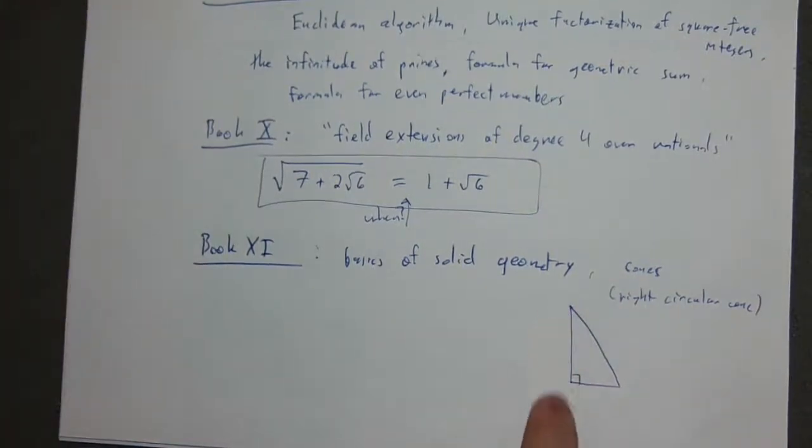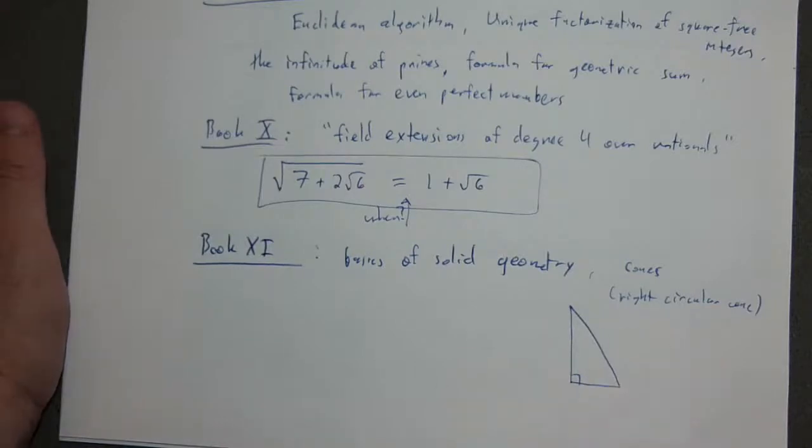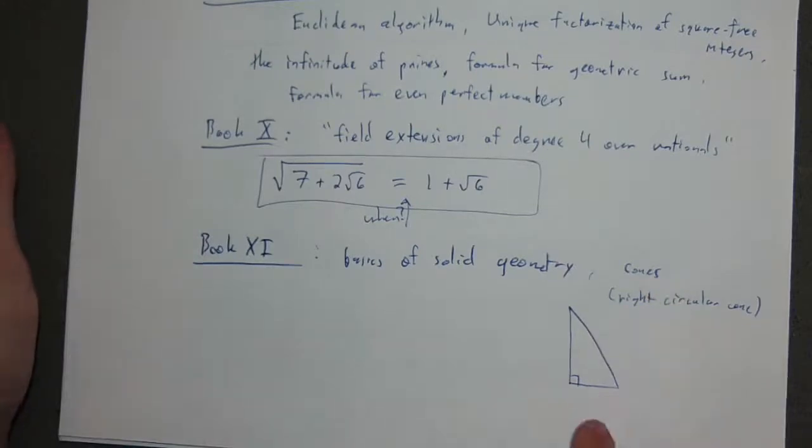So treat, say, this longer leg as its axis of revolution, and think about generating a solid by revolving this about that axis of revolution. You generate a solid of revolution. That solid, in this case, is the right circular cone.